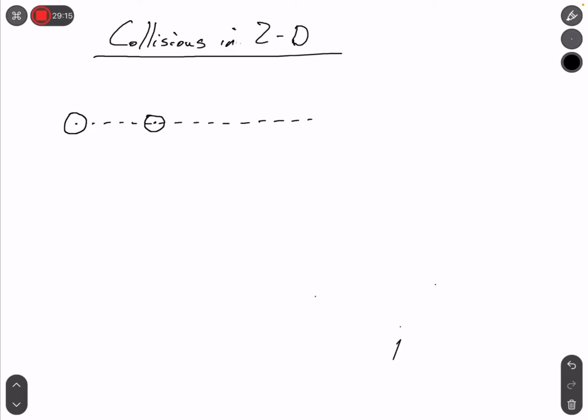When they hit each other, one ball is going to go flying off in this direction. We're going to call that theta 1, and that is the velocity of 1. This is 1, and this is 2. And then this guy is going to go off at theta 2, and that's velocity 2.